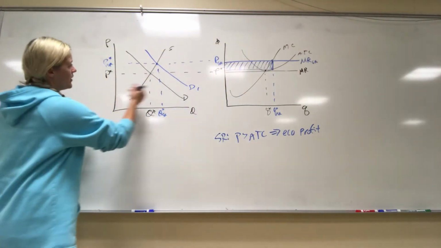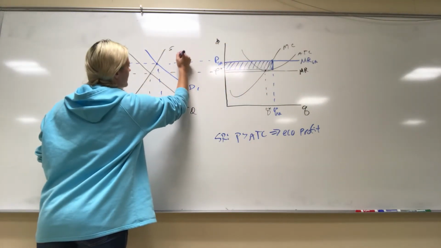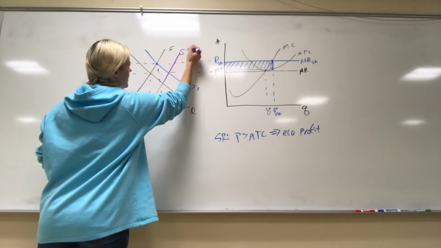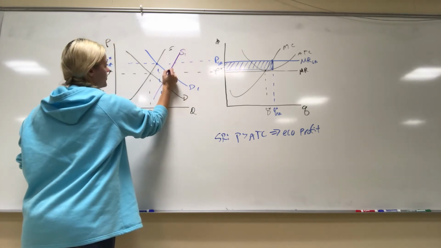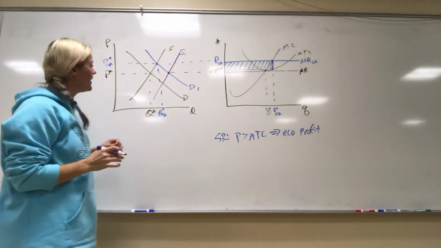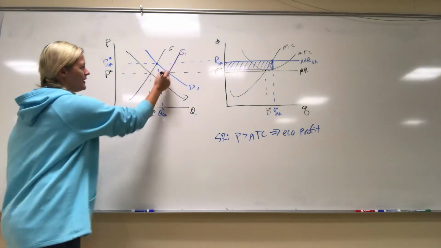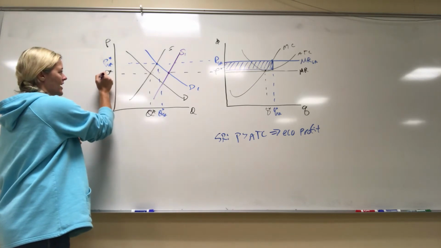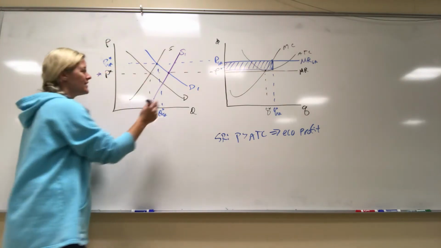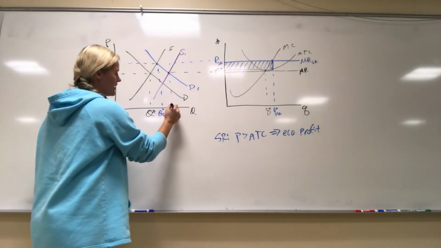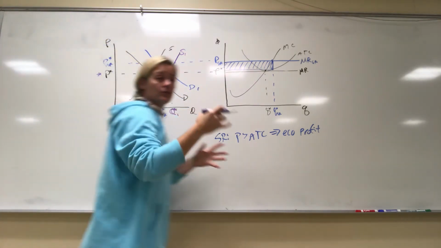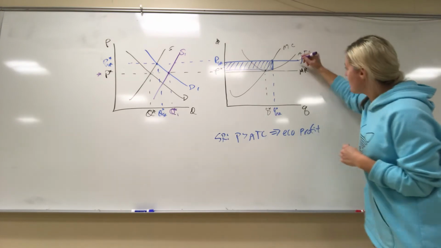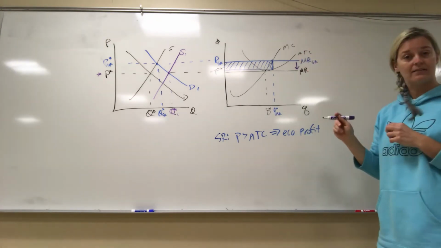All right, so here we go. We'll call this S1, and here we have the new intersection of S1 and D1, and notice that it's the same price as before. We have a greater quantity, and what happens over here with the firm is that our marginal revenue curve falls back down.